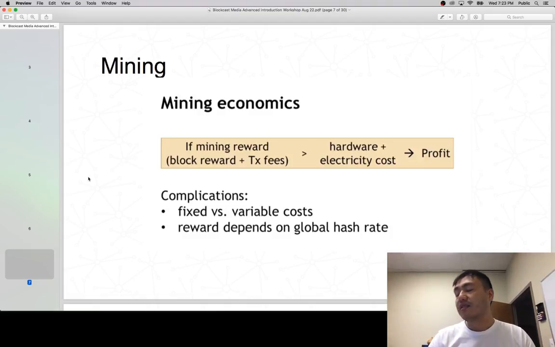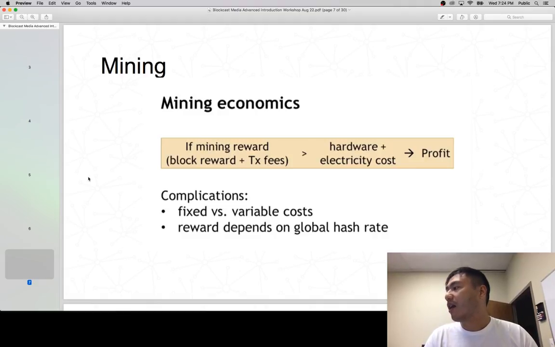So these are things that a lot of the miners think about, their fixed and variable costs, to make sure that it's profitable for them to contribute their resources to the network and make some money. That money, the block rewards, which we'll go into later, which comes from mining cryptocurrency, is sort of what incentivizes these miners to put up their resources, such as hardware and electricity, to be able to keep the network running.